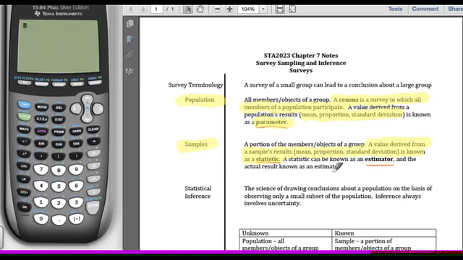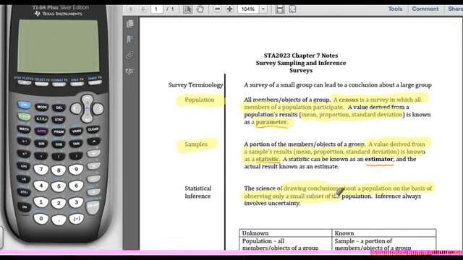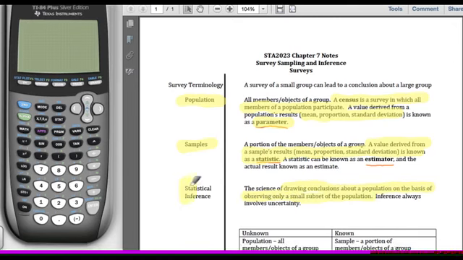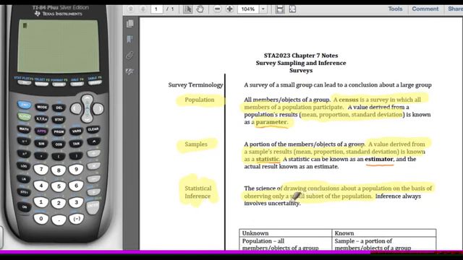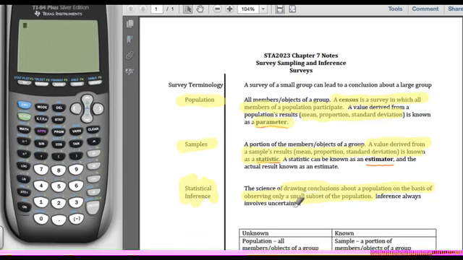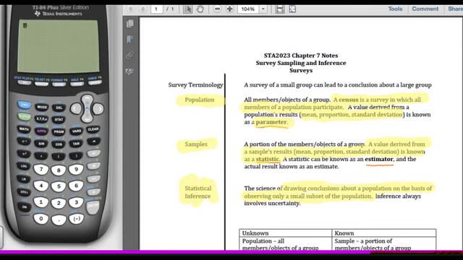Now, this process of drawing conclusions about the population on the basis of a sample, just a small set of the population, that is known as statistical inference. And inference always involves some uncertainty. We're never 100% sure that we've made the correct assertion about the population because we didn't talk to every member in the population.